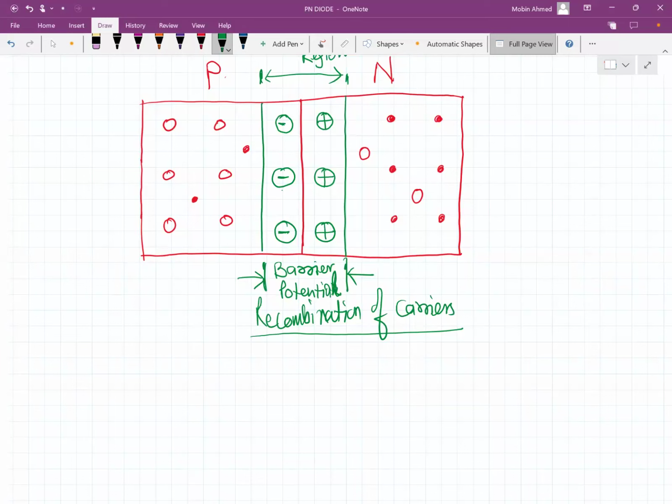So this thing is going to happen as soon as the PN junction is developed, and thereafter the recombination of the carrier will start.